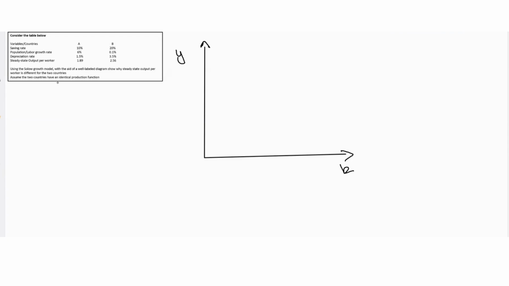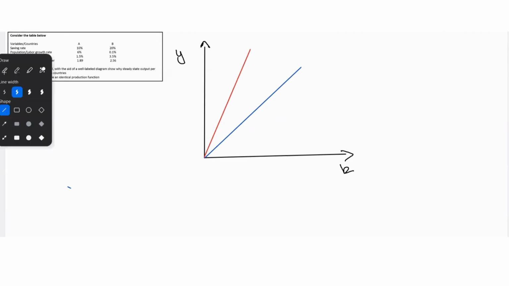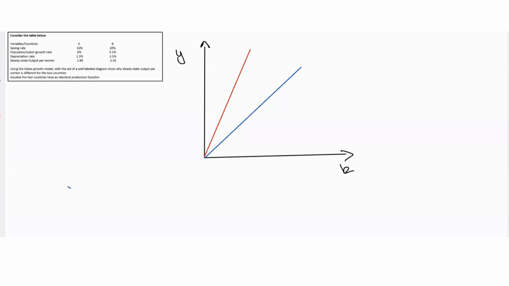Let's make it for country B. We know country A has a higher break-even investment per worker line, so this is for country B. Then I'm making one for country A, which has a higher break-even investment per worker line, like we just discussed. So this is for country A. The break-even investment per worker line is 0.075k.